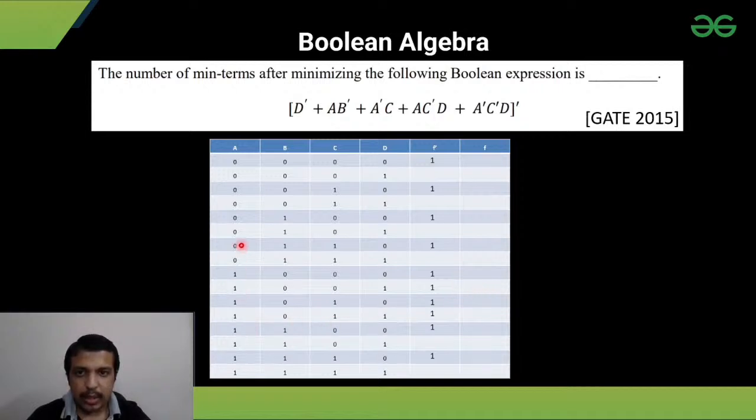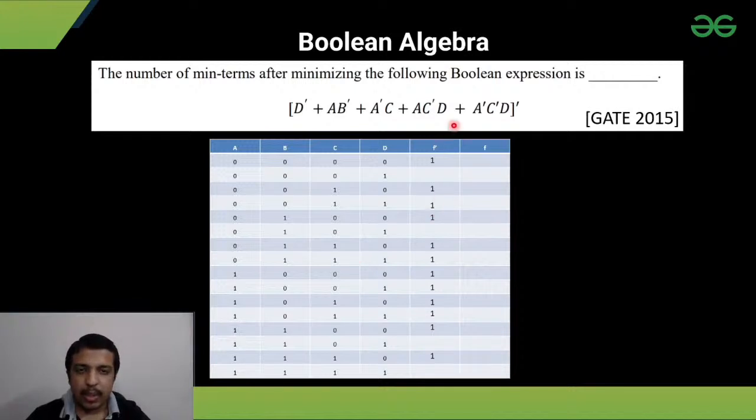So a is 0 and c is 1 here. Here also, so we'll mark all these places. Here also a is 0 and c is 1. So we'll mark these places.